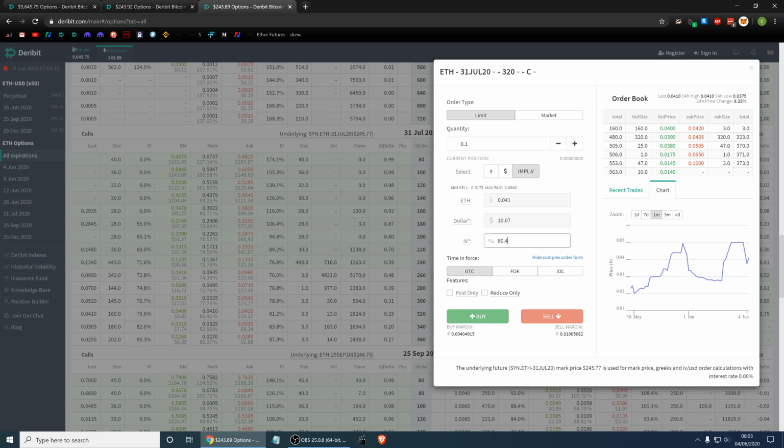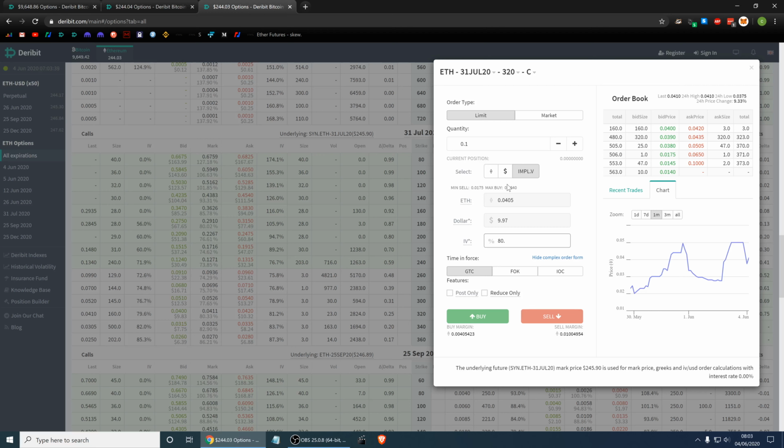So I'll just submit the next one at 80.4 implied volatility, another one here, another one there, and I'll just see at what price the market maker is keen to take liquidity from me. So at what price I am getting a fill from the market maker.